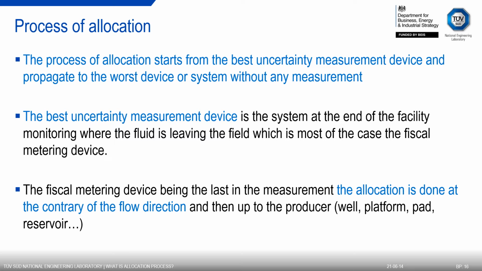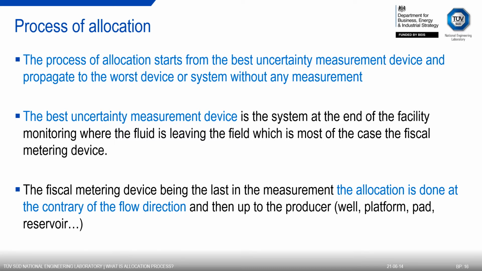And very often, I would say all the time, the best uncertainty measurement in your system is at the fiscal point. Fiscal point means the time where your oil, or the commingled oil, is sold or transferred to someone else, and this someone else is paying dollars, euros, or whatever currency, to pay you for what you have been producing.